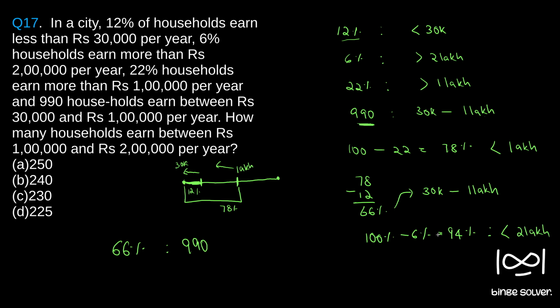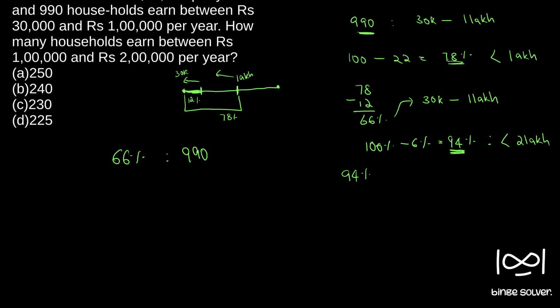Now we have less than 2 lakh, and less than 1 lakh is 78%. So between 1 lakh and 2 lakh, how much percentage? 94% minus 78%, the same logic we used here. 94% minus 78%, which is the people less than 1 lakh, we get 16%, right?